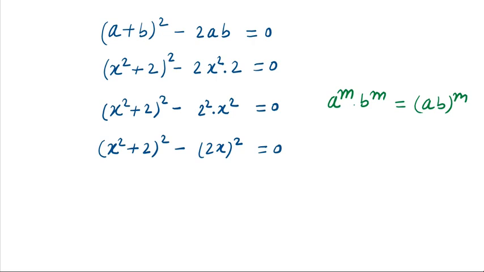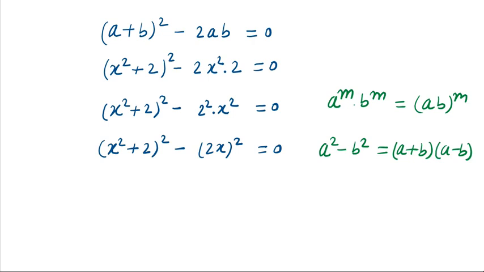Look carefully at the left hand side. Suppose x square plus 2 is a and 2 times x is b. Then this left hand side is a square minus b square. And we know the algebraic identity a square minus b square is equal to a plus b times a minus b. On the left hand side we have a difference between two squares.